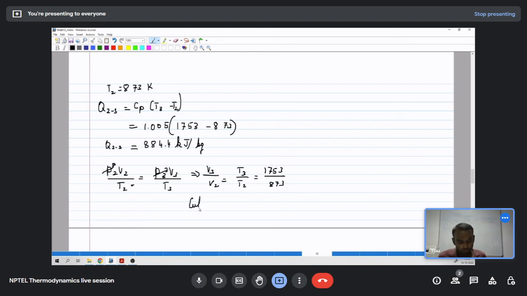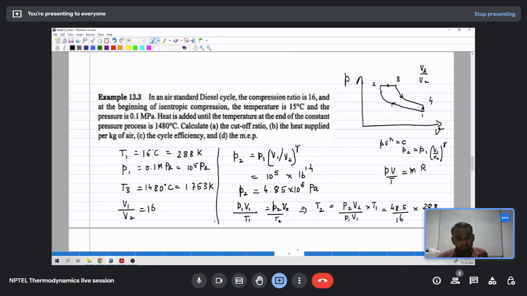So the cutoff ratio is 2. It's exactly 2.0. So the cutoff ratio and heat supplied per kg of air are also calculated.